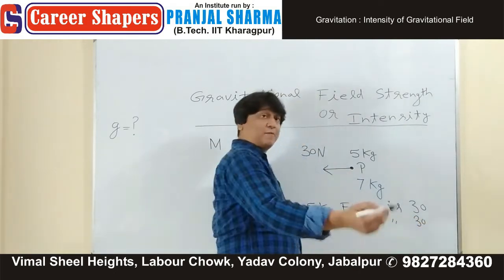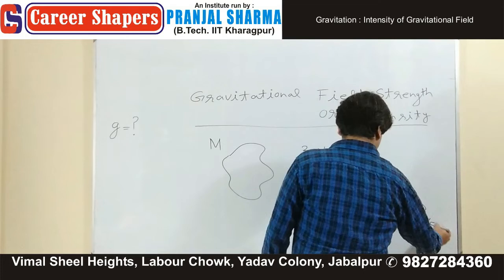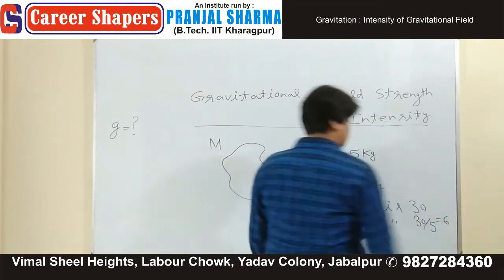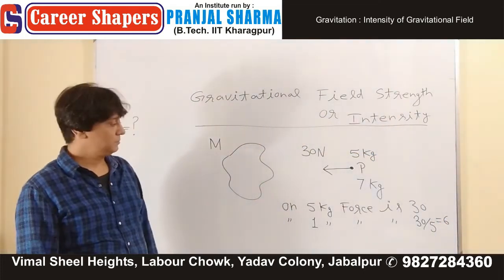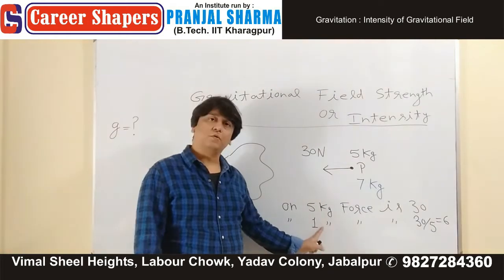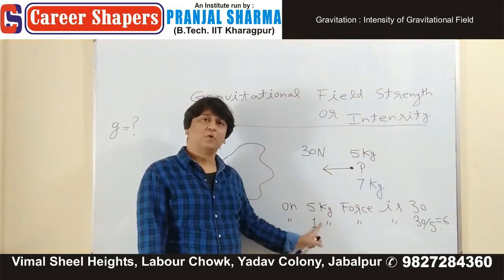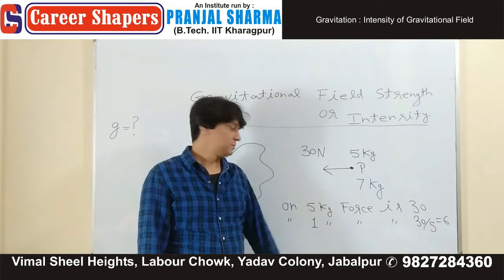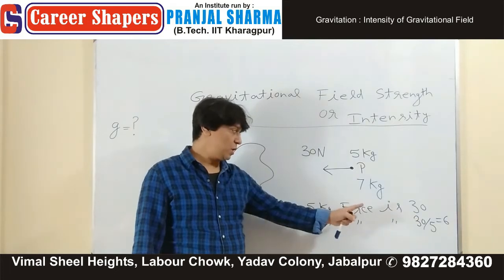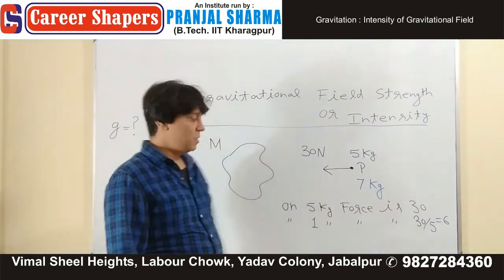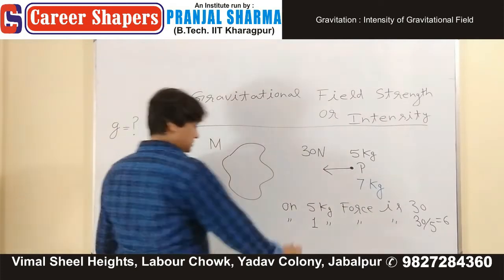Answer will be 30 by 5, which is 6 on 1 kg. This 1 kg is called unit mass. On 1 kg force is what? 30 by 5. On 1 force is 6.